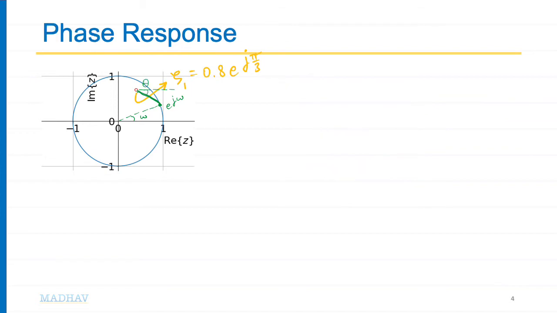Now let's look at the phase response of this term. Our term is e^{jω} minus ζ_1, which is 0.8 e^{-jπ/3}. Now what is the angle? Geometrically the angle is basically this angle, right? This is a vector, and the argument of this vector is the angle with respect to the positive x-axis, right?